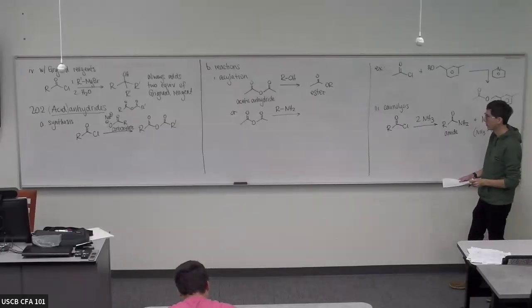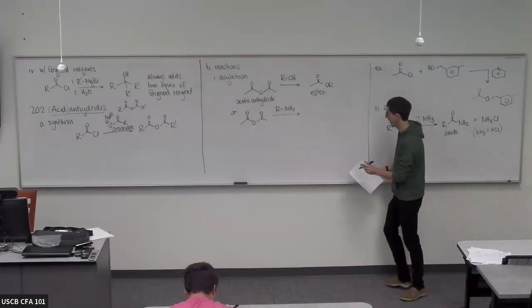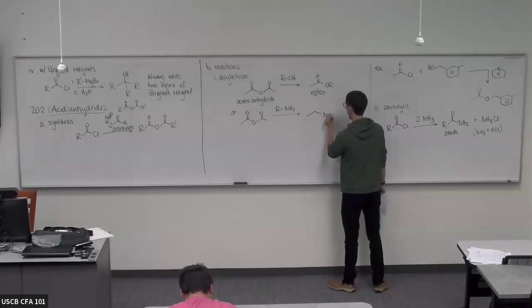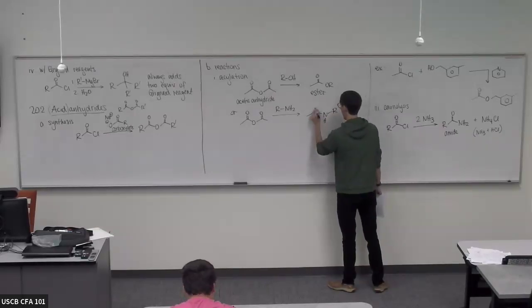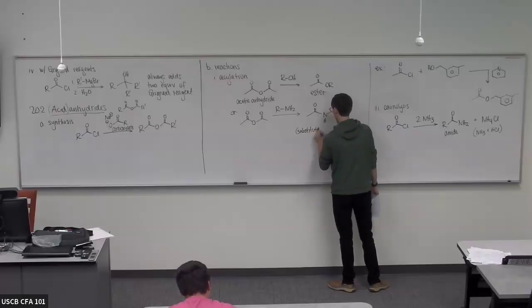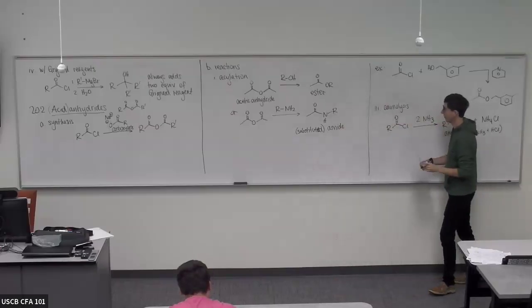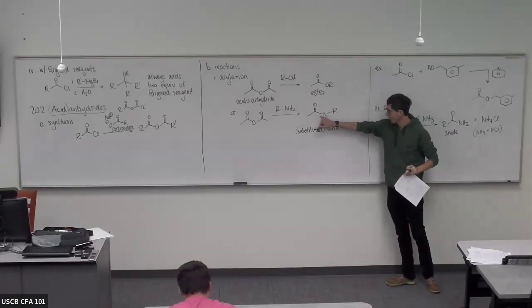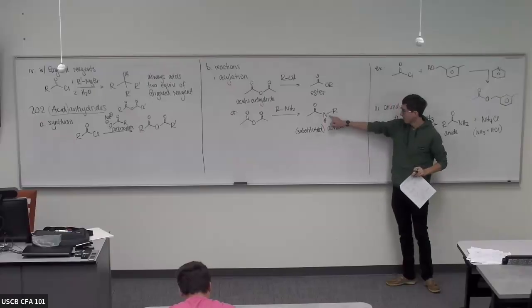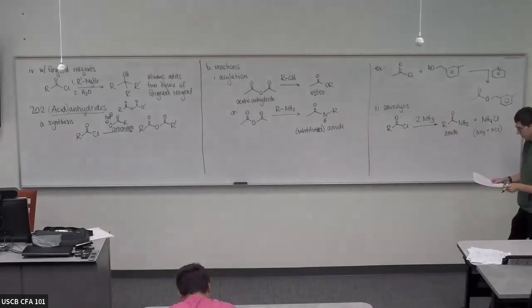You could use ammonia here, but this works best if you add some substituted amine, and we get a substituted amide. So we still have our nitrogen next to the carbonyl. If it wasn't substituted, it would be an NH2, but we have an NH and then an R group. That's valid as well.